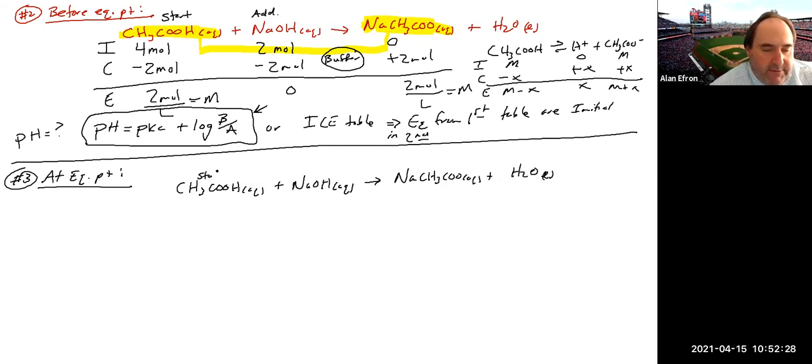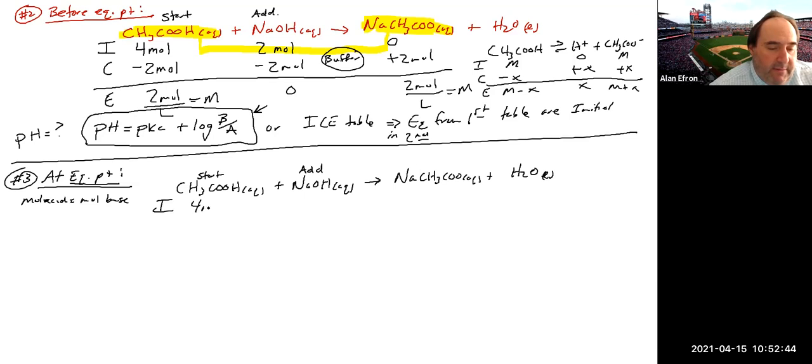Again, this is what we're starting with. This is what we're adding. And because we are at the equivalence point, those two should equal each other, right? So that's what that means: moles of the acid equals the moles of the base.